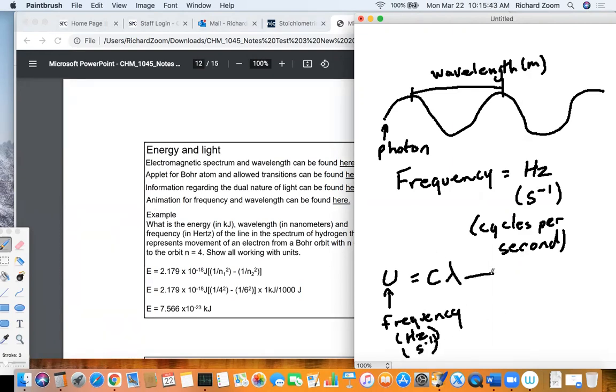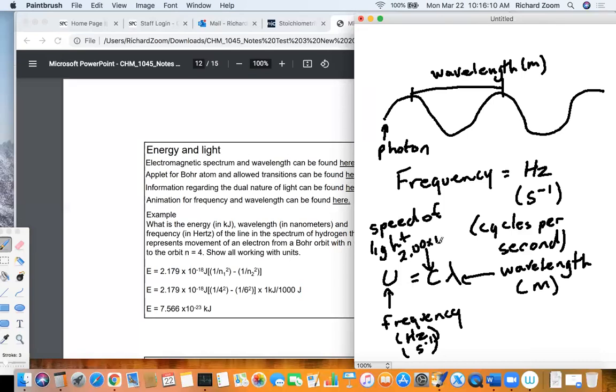And then we've got lambda, which is the wavelength, which is measured in meters. And then we've got c, which is the speed of light, a constant value of 2.00 times 10 to the 8th meters per second.